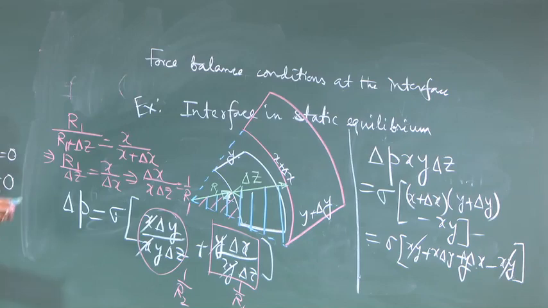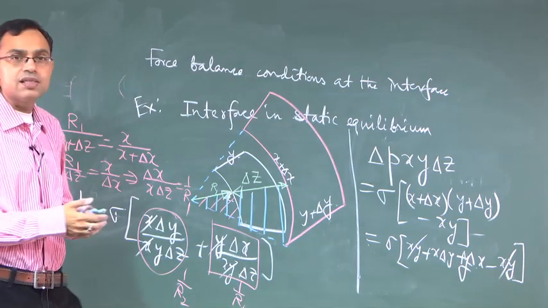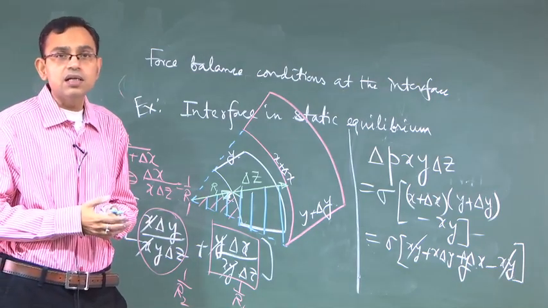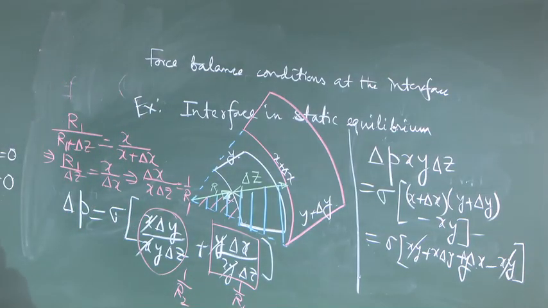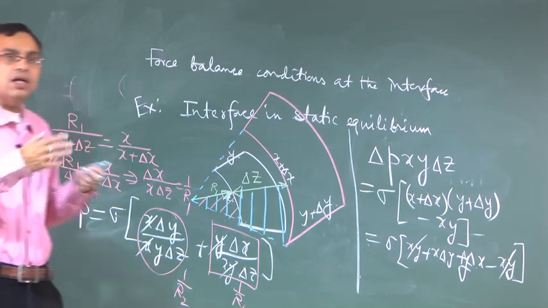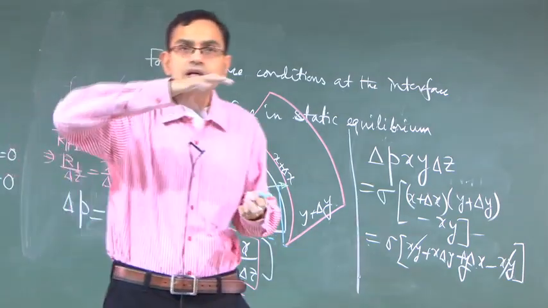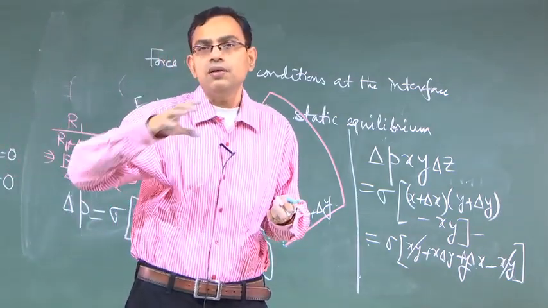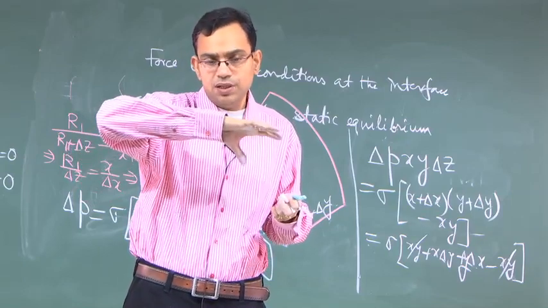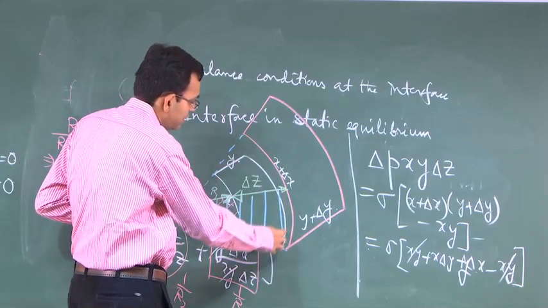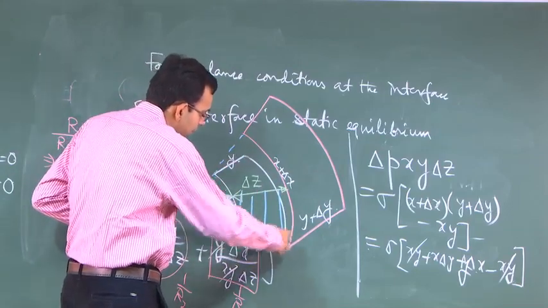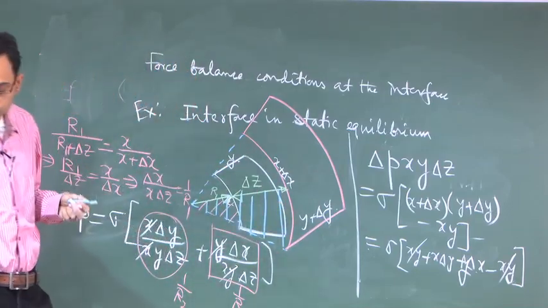So, the pressure difference across the interface under static condition is delta P is equal to sigma into 1 by R1 plus 1 by R2, where R1 and R2 are the radii of curvature of the respective elements. This element has radius of curvature R1, and this element has radius of curvature R2.